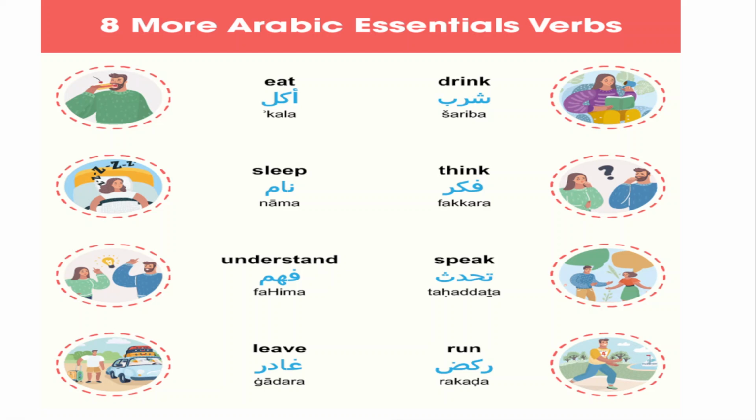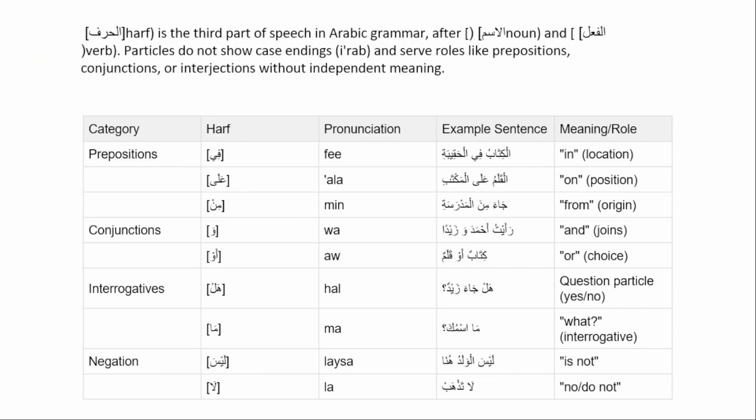Right? So these are some examples of Arabic verbs. Let's recap once again. Sharaba, drink, faqara, think, tahdasa, speak, raqasa, run, ghadara, leave, fahima, understand, na'ama, sleep, aqala, to eat.